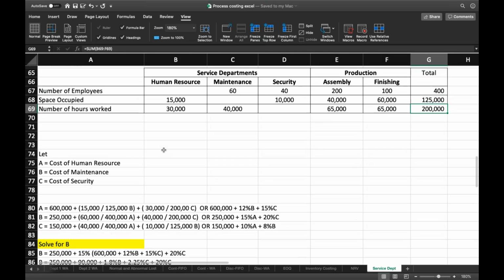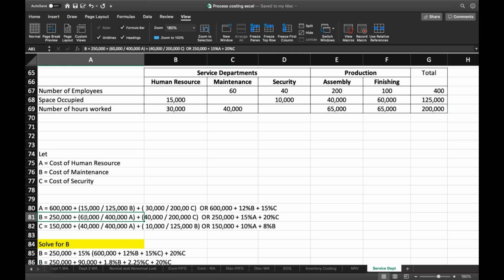That's 250 plus 60 over 400, and then 40 over 200. There must be just a little error here.